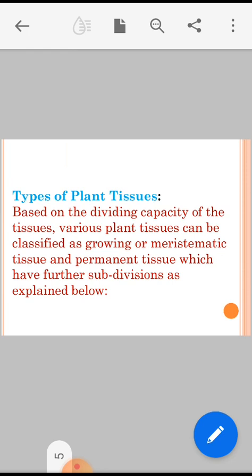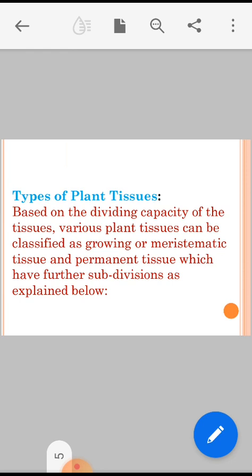Based on the dividing capacity of the tissues, as we said, all tissues have to perform specialized functions. So there is division of labor, as we discussed in the previous session. The work is divided. Just as when there is a function in school, we allot duties to certain people to work on certain things.